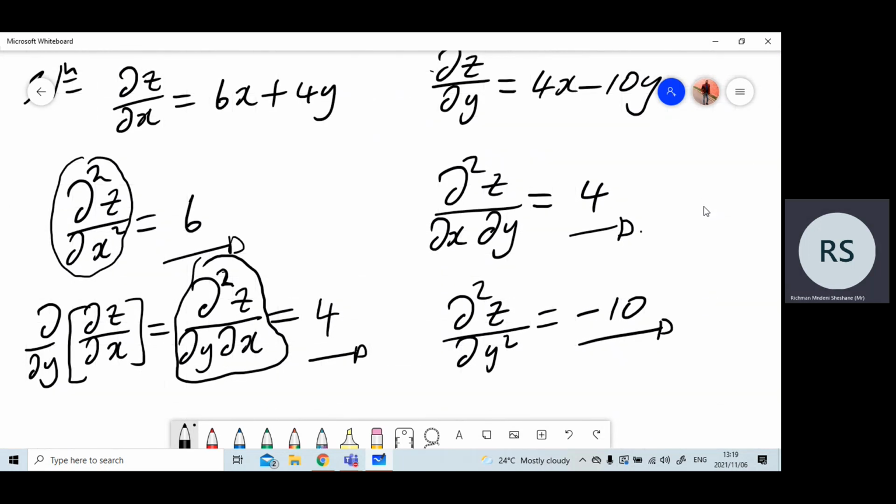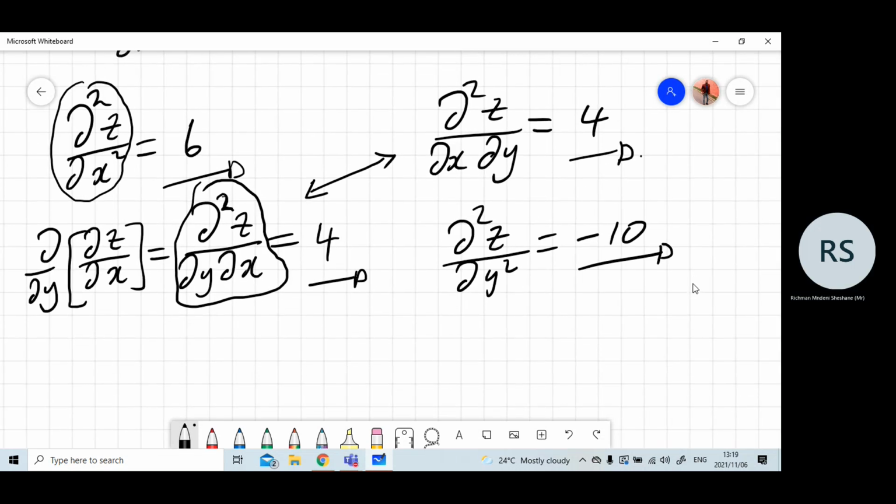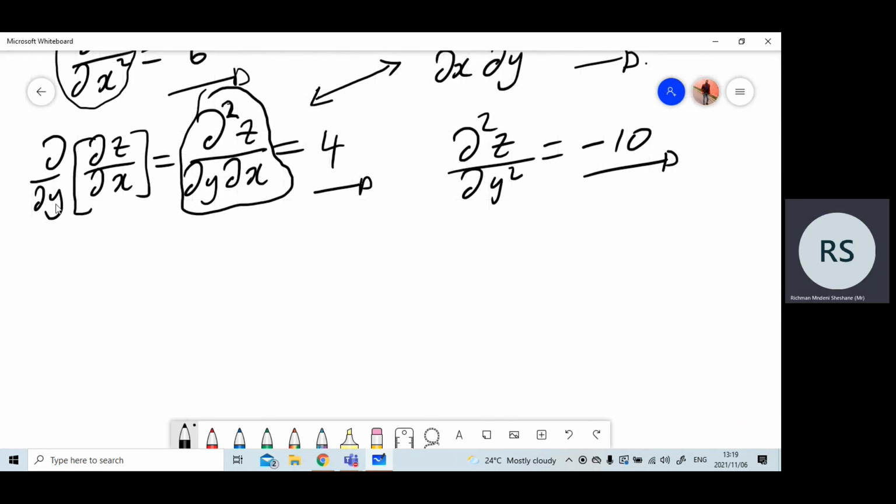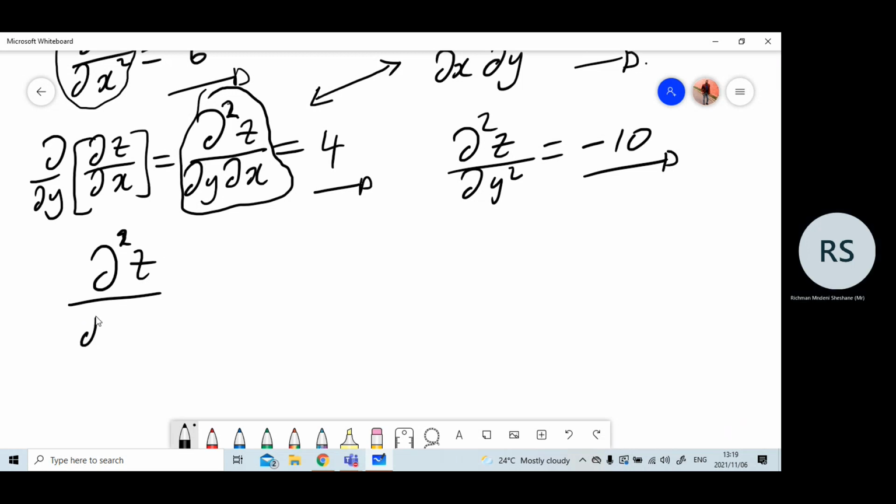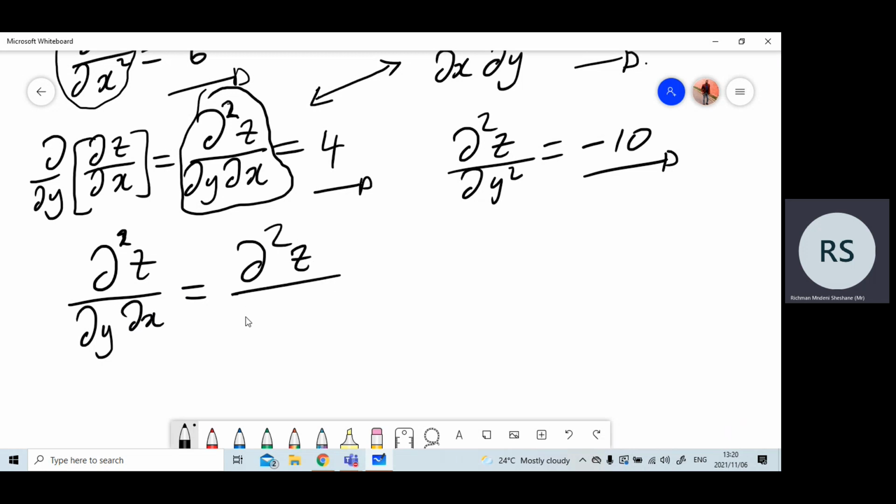Again, what you notice here, you see these second partial derivatives are equal. They both equal 4. Yeah? So this tells you that the second partial derivative of z when you're deriving with respect to y in the first derivative with respect to x is going to be equal to the second partial derivative of x when we derive from y.